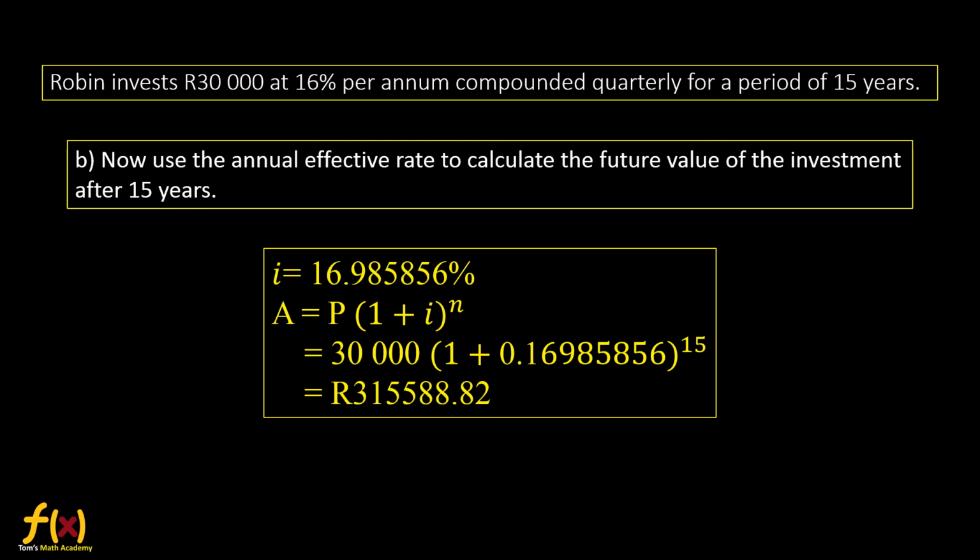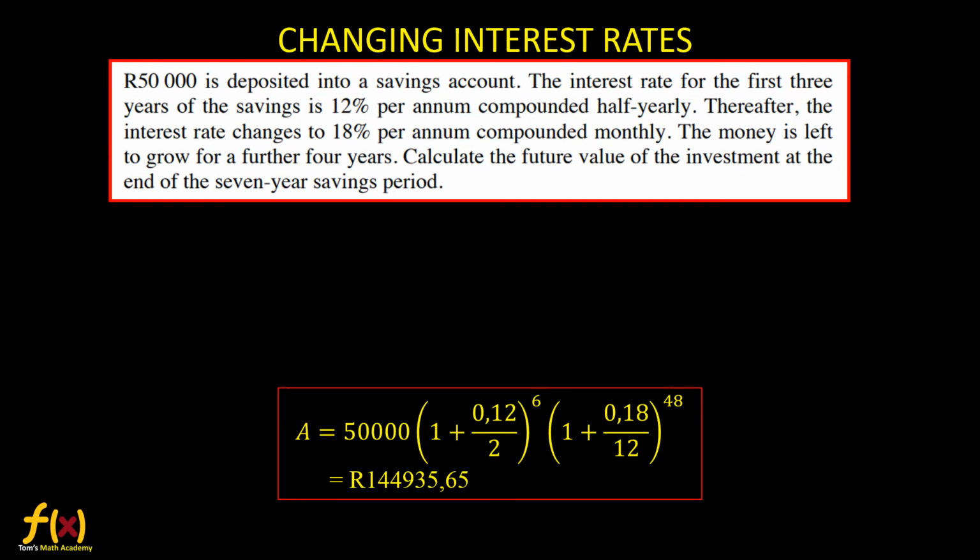Here we have 15 years. The number of years is 15. So we calculate on the calculator, we get 315,588.82 is the accumulated or the future value of the investment after 15 years. Changing interest rates.